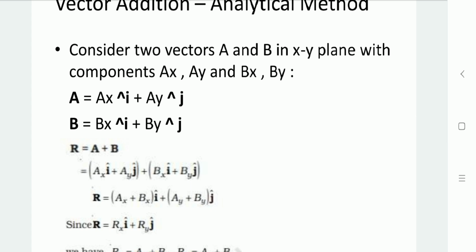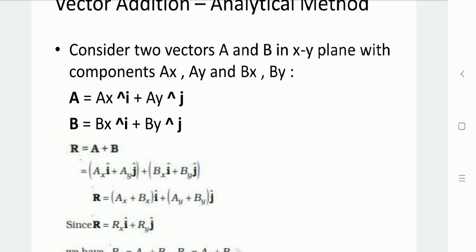Now, while we are doing addition, the components in the same direction can be clubbed and represented together. So the components in the common x direction, let us combine them. So R equals (ax plus bx) i plus (ay plus by) j.